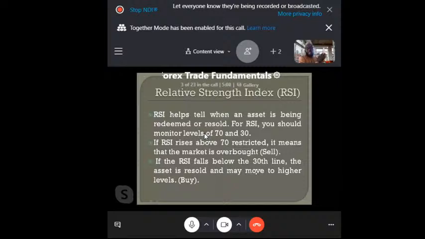If the RSI falls below the 30 line, the asset is oversold and may move to a higher level and you are supposed to buy. So in other words, in RSI, you get a sell signal above 70, from 71, and you get a buy signal below 30. That should be 29. Are we getting it? Good.